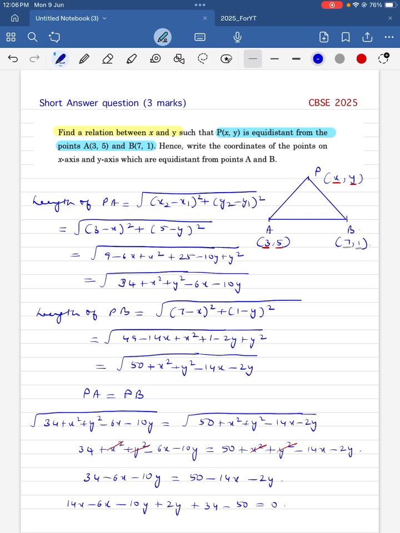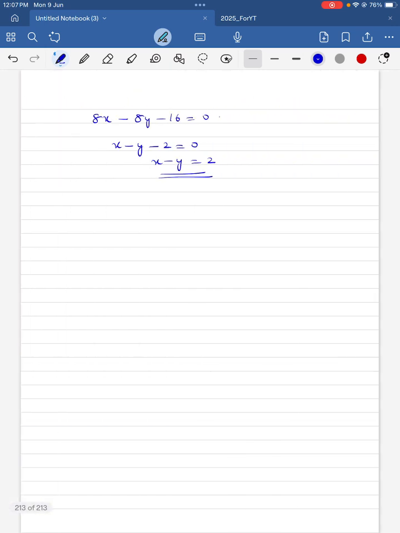Now in the second part of the question, they've asked you to write the coordinates of the points on the x-axis and the y-axis which are equidistant from A and B. Any point on the x-axis which is equidistant from A and B will be x comma 0.